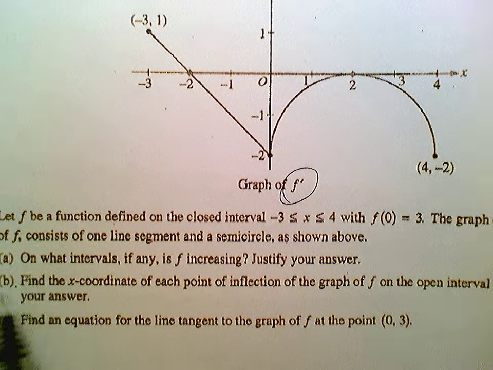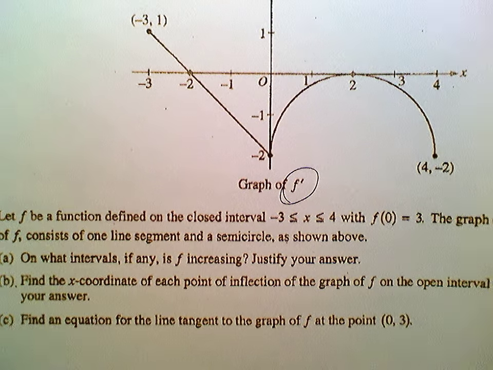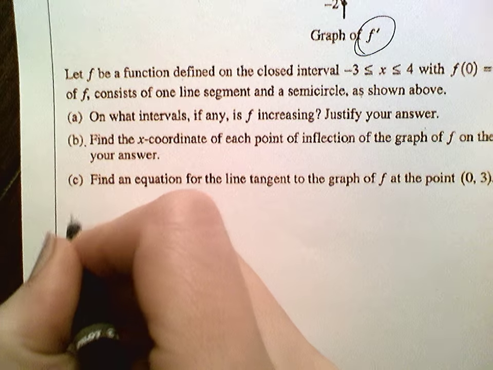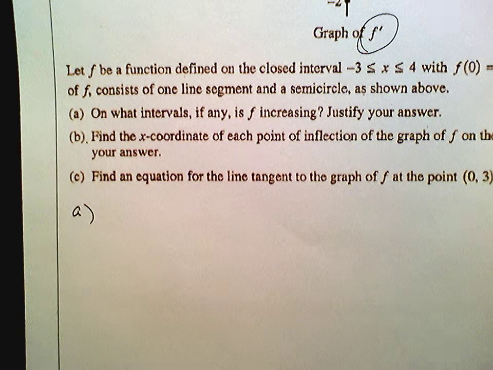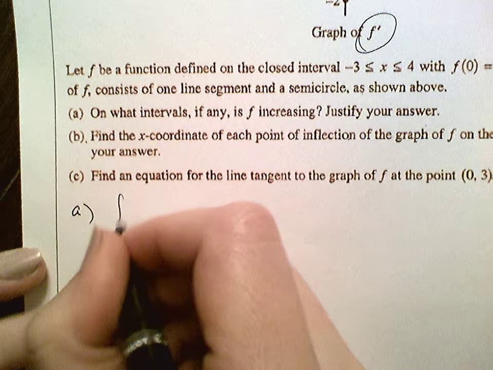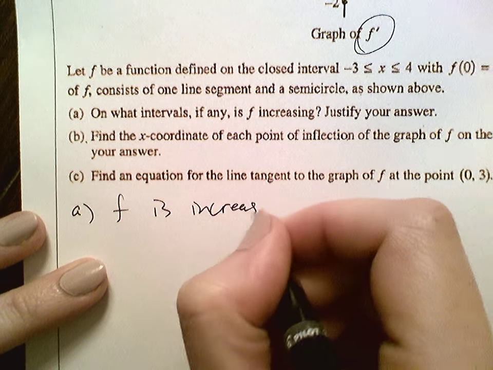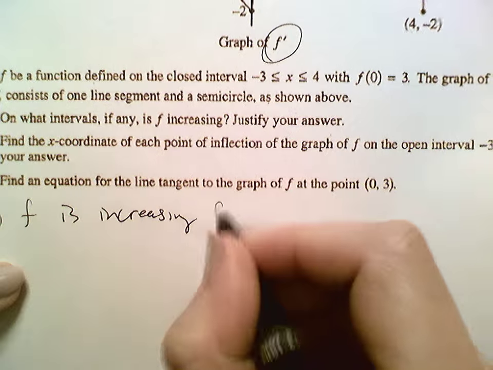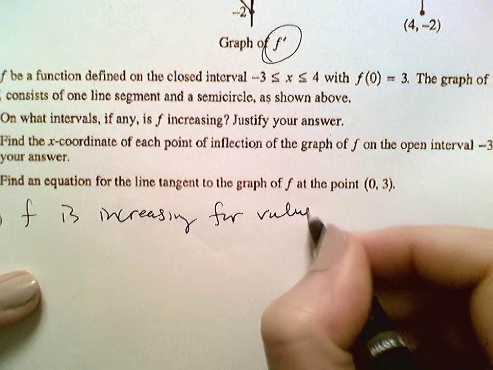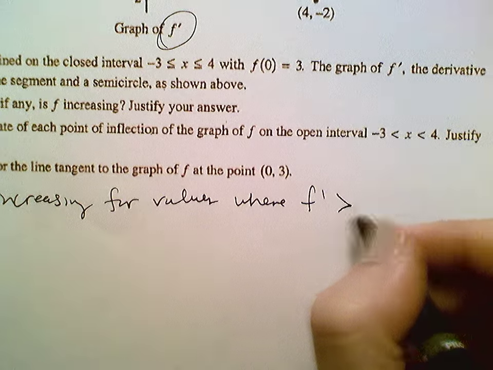On what intervals, if any, is f increasing? Justify your answer. So let me write down what I would need to have. I'll say f is increasing for values where f prime is greater than 0.